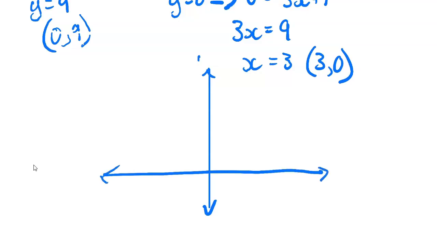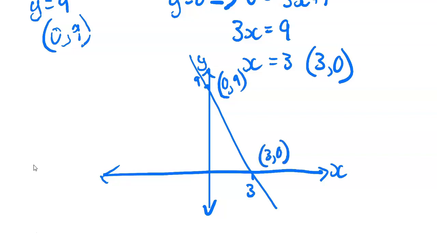So we have a negative slope here, negative gradient. So 9, 3, like so. So that point is at 0, 9. That point is at 3, 0. We're always marking any important points with the coordinate.